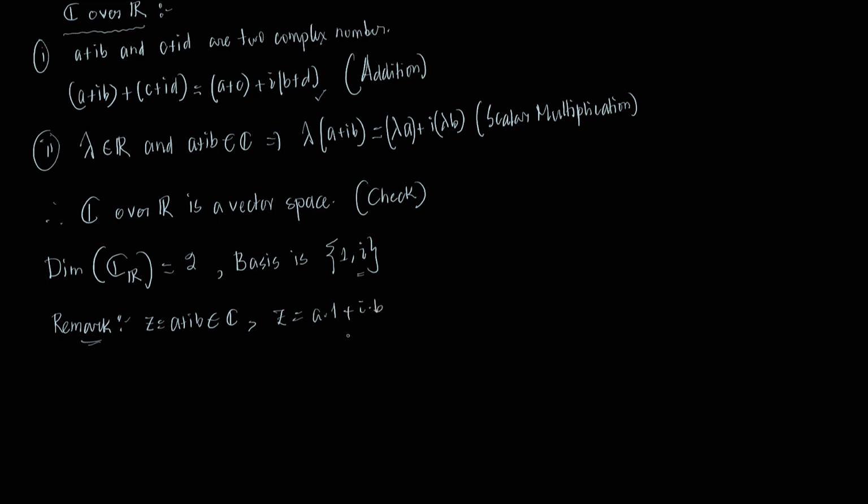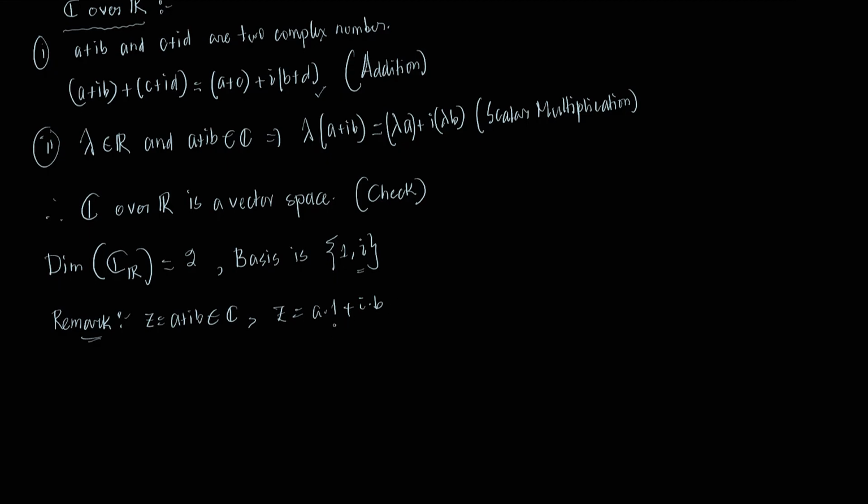So the coordinate of Z is (A, B). That's what it means. We can write it using the basis vectors 1 and i, so that gives your dimension 2.